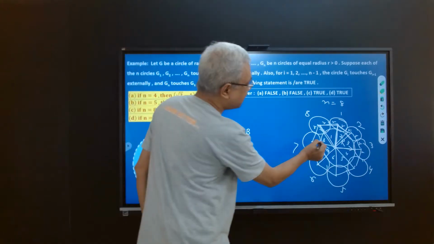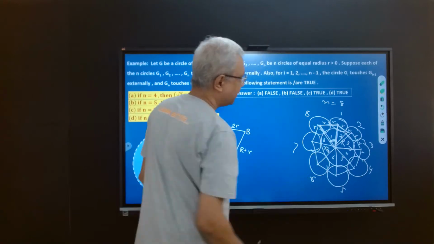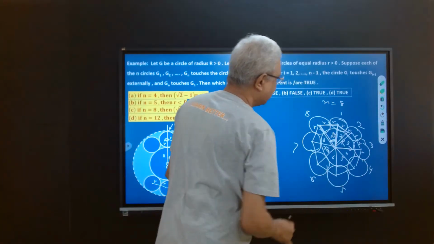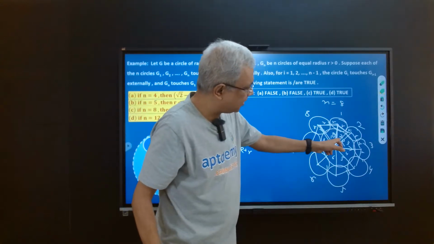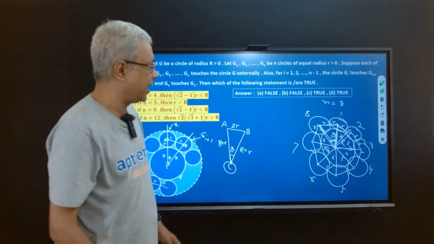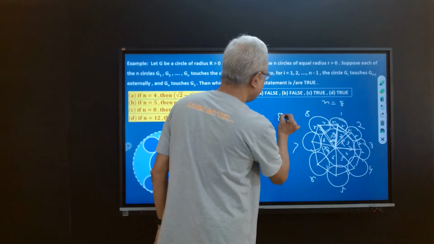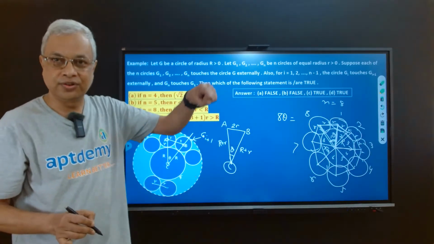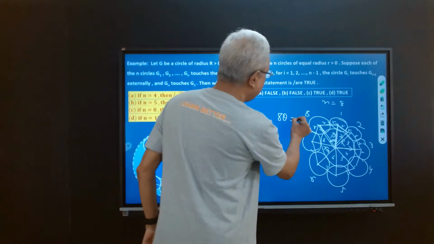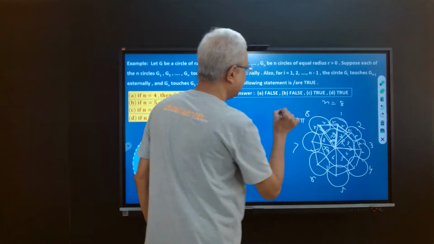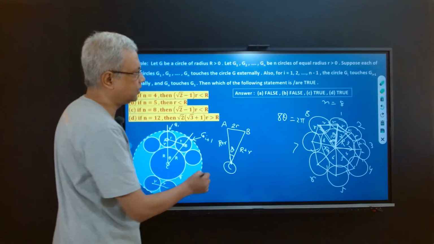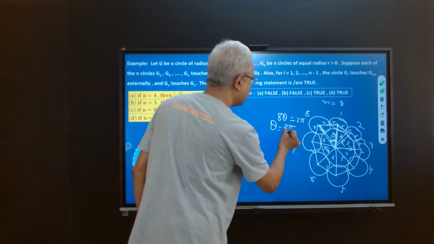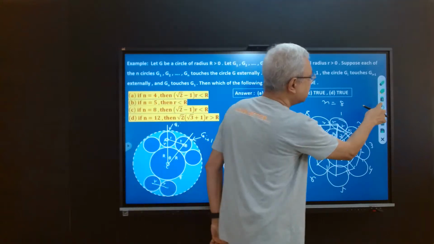So what is this angle in this case? If I call this angle theta, how many such thetas are there? 8. And 8 theta makes how much angle? 2 pi, or 360 degrees. So theta is actually 2 pi by 8.